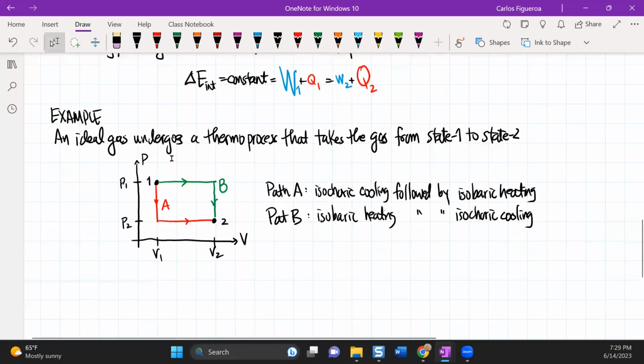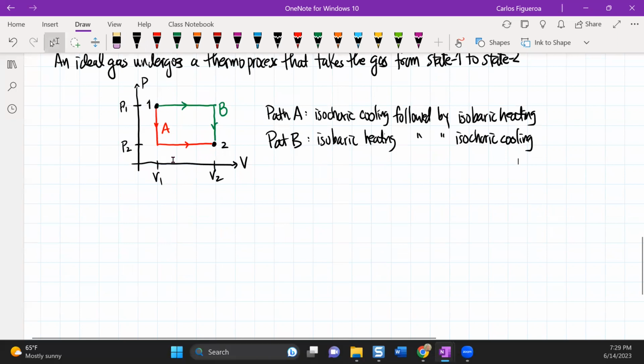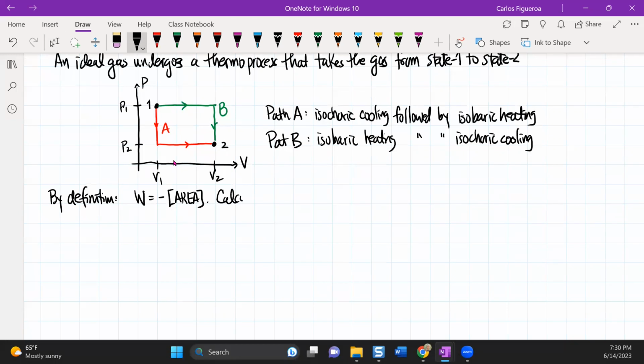So what do I know about these? By definition, we know that the thermodynamic work is the negative of the area. So, calculating the workings, here's what we're going to see.